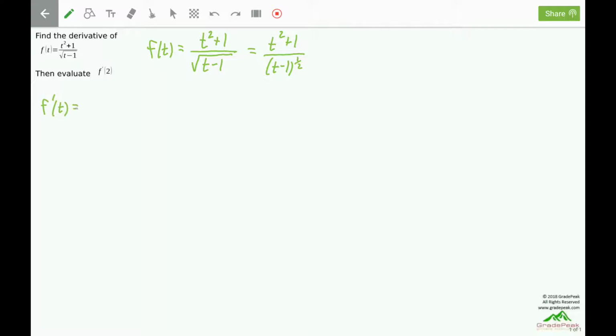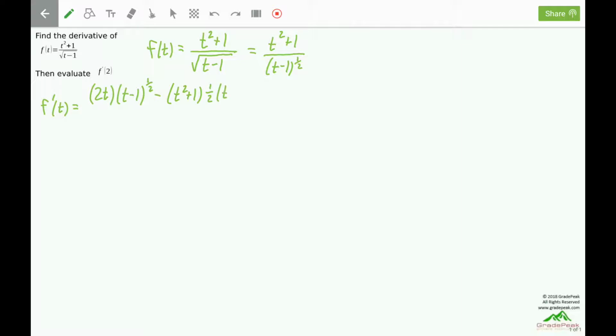The derivative, f prime of t, will be the derivative of the numerator, which is a 2t, and the 1 will be a 0 for the derivative, times the denominator left alone, minus the numerator left alone, times the derivative of the denominator.